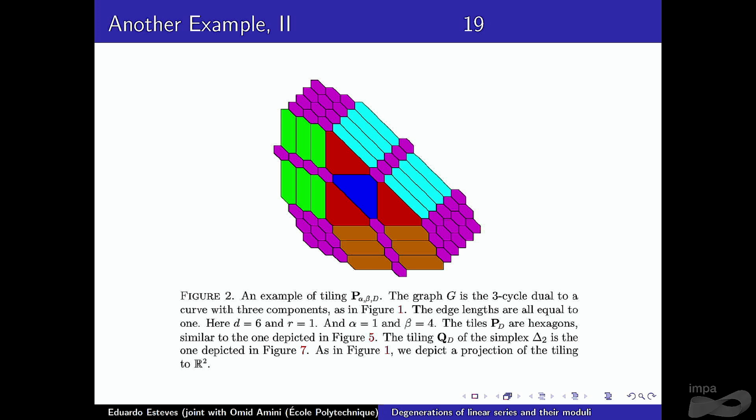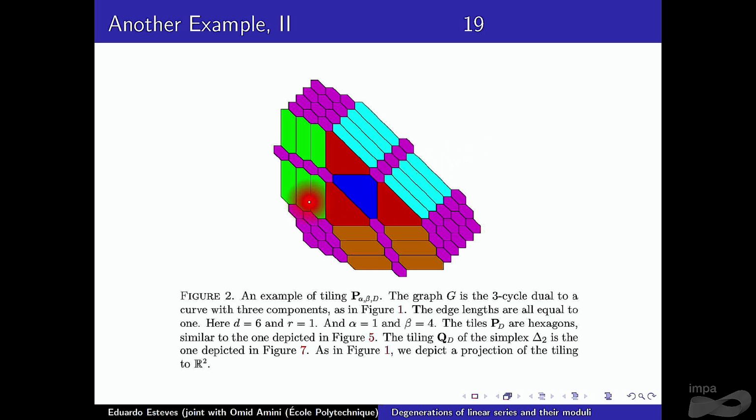Just a few seconds. Okay, so what I'm going to say is that to each of these polytopes, the full dimension ones and also those of a smaller dimension, there is associated a limit linear series.